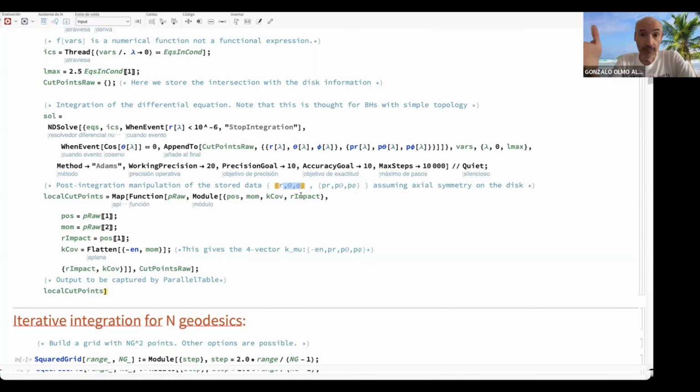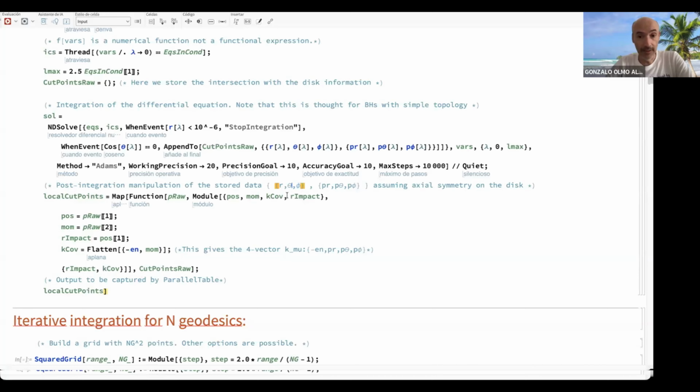If for some reason we were to define a disk that is anisotropic on the plane, if the intensity distribution depends on the angle, then we should keep the information about phi. If it has some thickness, then we would need also the information about theta.